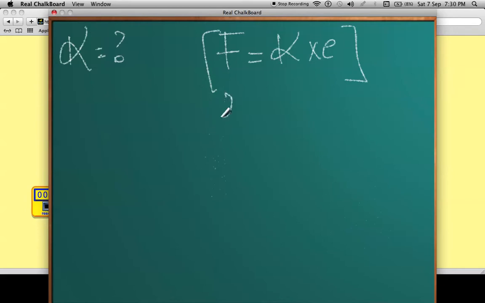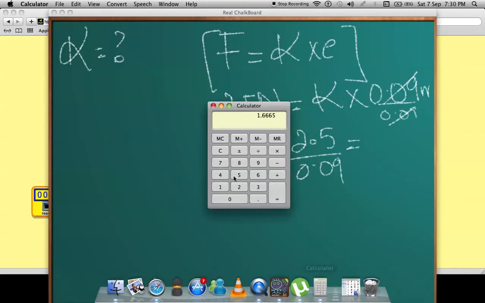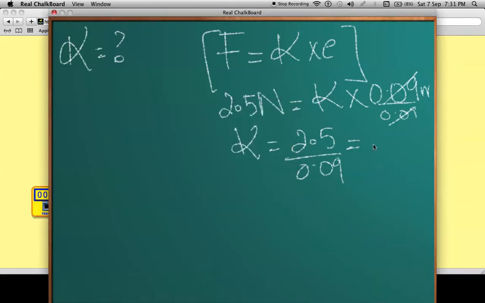Now the force that was applied was 2.5 newtons, and the extension was 0.09 meters. So K would be, simply divide both sides by 0.09. So this would cancel here, and this would become 2.5 divided by 0.09. If I use my calculator here, 2.5 divided by 0.09 gives me 27.78 newtons per meter.